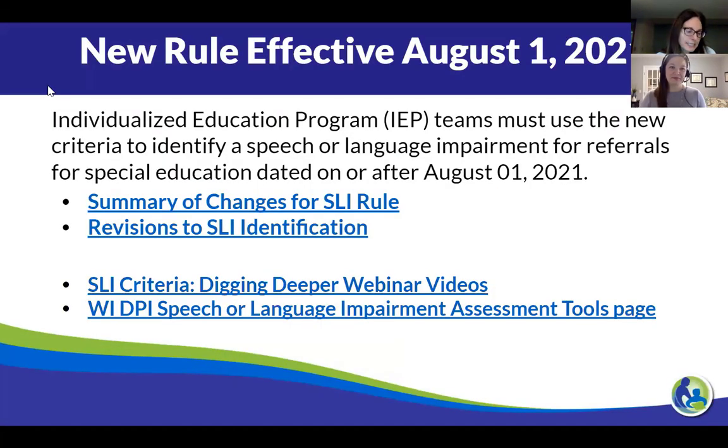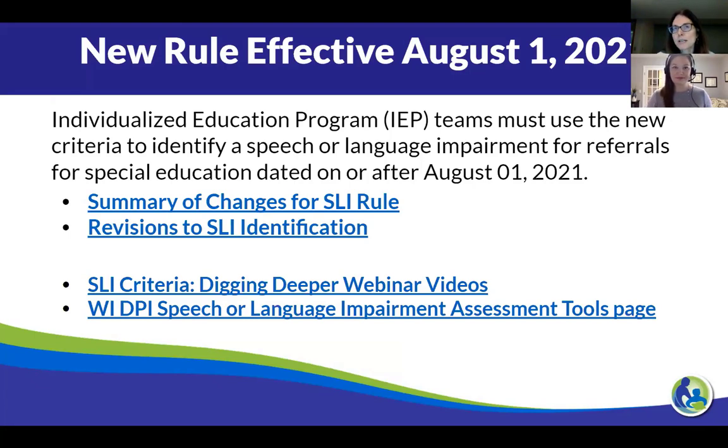In case you would like to have some rule change resources handy, the new rule that went into effect on August 1st, there are many supports on the Assessment Tools webpage, the last link here on this screen. But the ones that you may want to share with administrators or others are the first two, the summary of changes and the revisions to speech language impairment identification, where it's the side-by-side with the previous rule and the new rule.